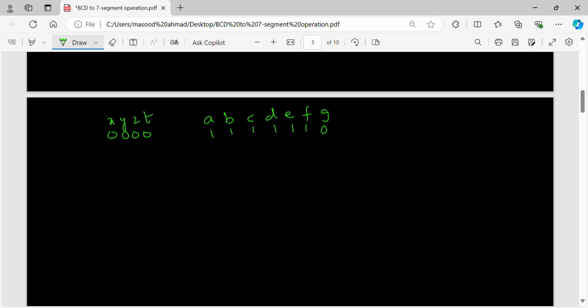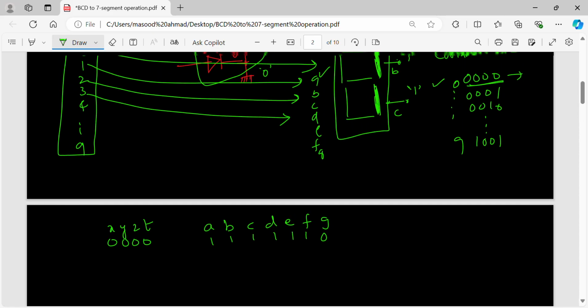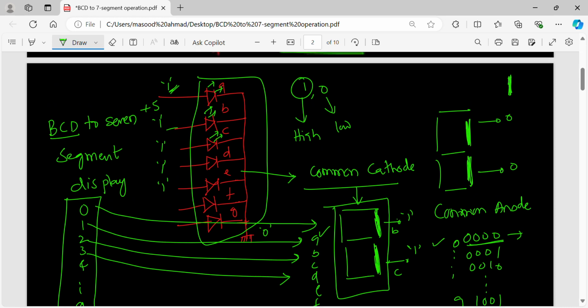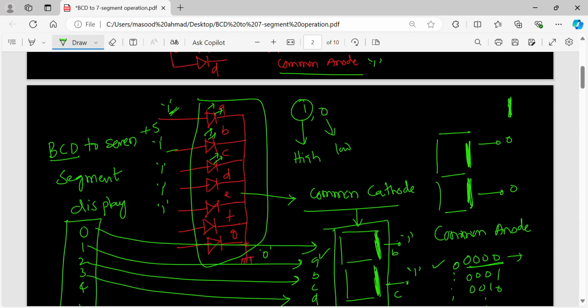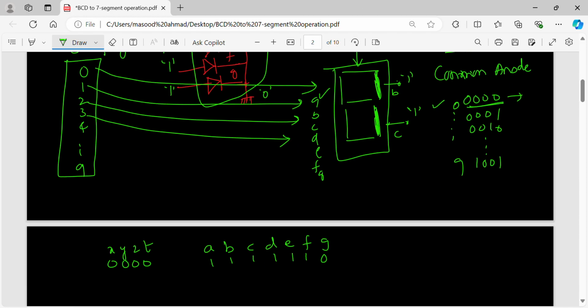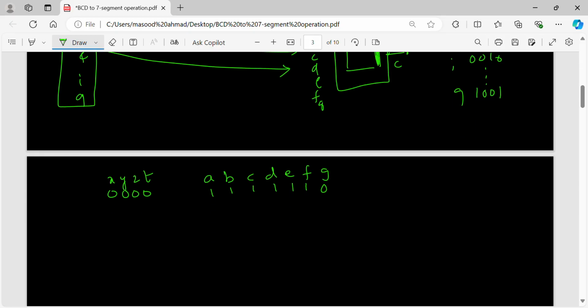Okay. Input 1 means what exactly? Common cathode type or common anode type? Common cathode type. In common cathode type, if the input is 1, that segment is going to glow. So in common cathode type, if I give 0, 0, 0, 0, I should get this. So I need to build a sub-circuit. If I give 0, 0, 0, 1, B and C are 1, and the rest all zeros.